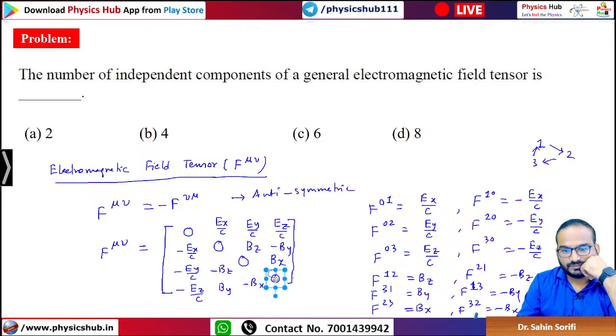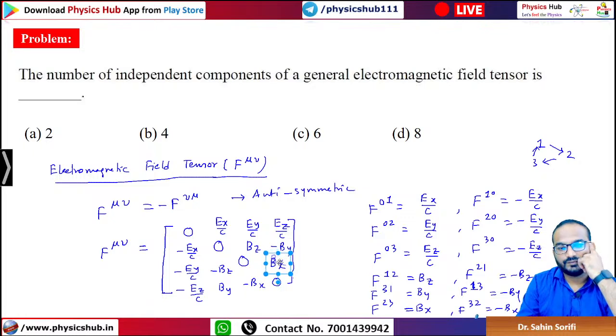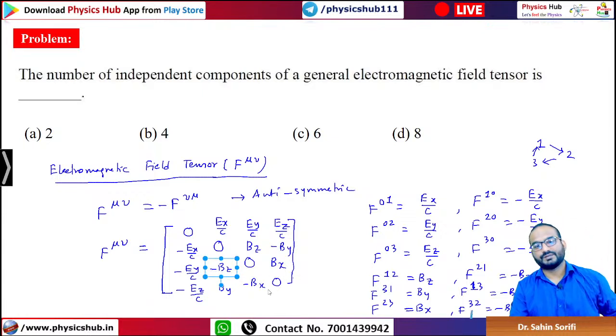Now can you solve this problem? Number of independent components of a general electromagnetic field tensor. I have already given you the formula. I have also specified the tensor. Now what is the answer? A, B, C, D. Out of these, what is the answer? Tell me.